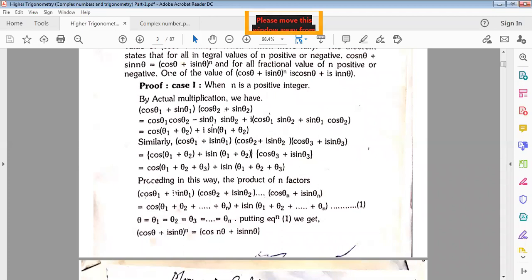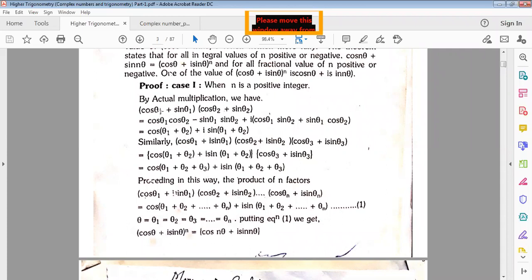Then we can write this one: cos A cos B minus sin A sin B. From trigonometry you know cos A cos B minus sin A sin B is the formula for cos (A plus B), right? Then plus i, then this sin A cos B plus cos A sin B is the sin (A plus B) formula.